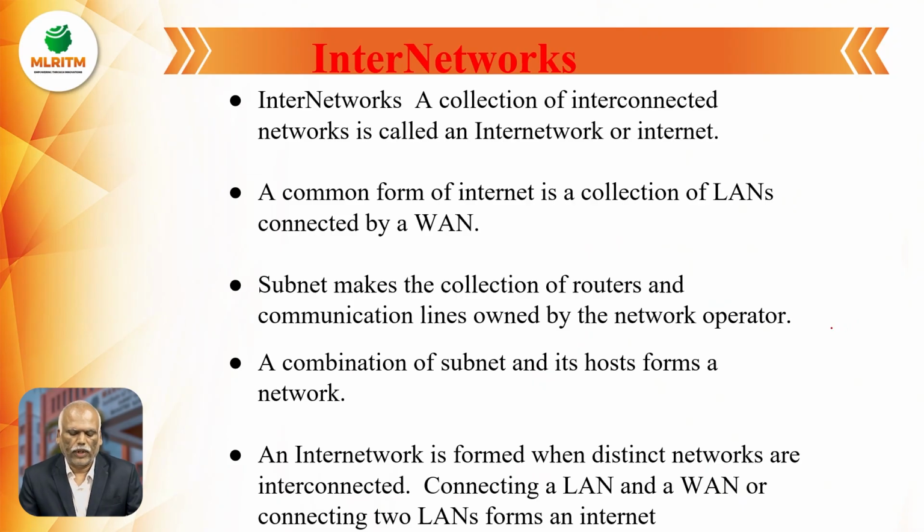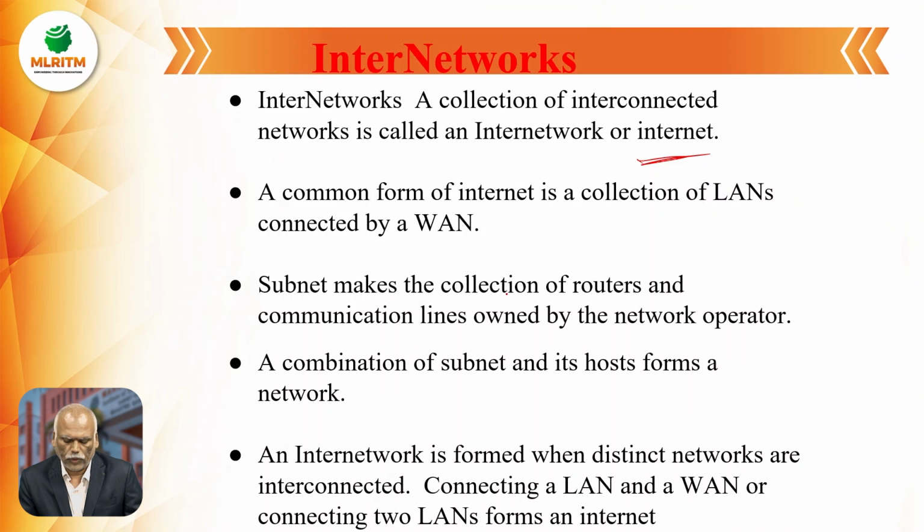The final type of network is internetworks, a network of networks. An internetwork is a collection of interconnected networks, also called an internet. A common form of internet is a collection of LANs connected by WANs, that is, wide area networks.